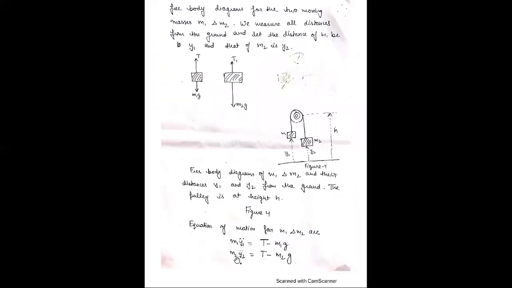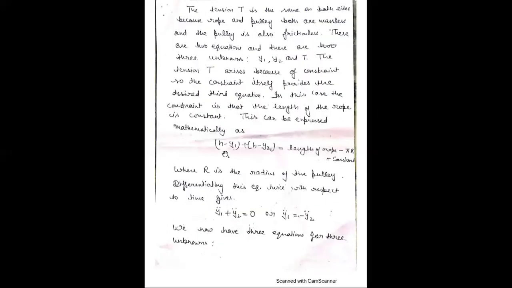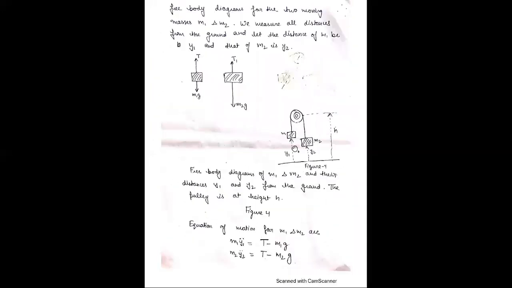Here one constraint is along the motion, so we use the equation of motion, and the second constraint is that the length of the rope is fixed. The rope has this length and this length. If we subtract from h the y1, we get the length of this rope part, plus h minus y2, this length, because the total length of the rope is this.